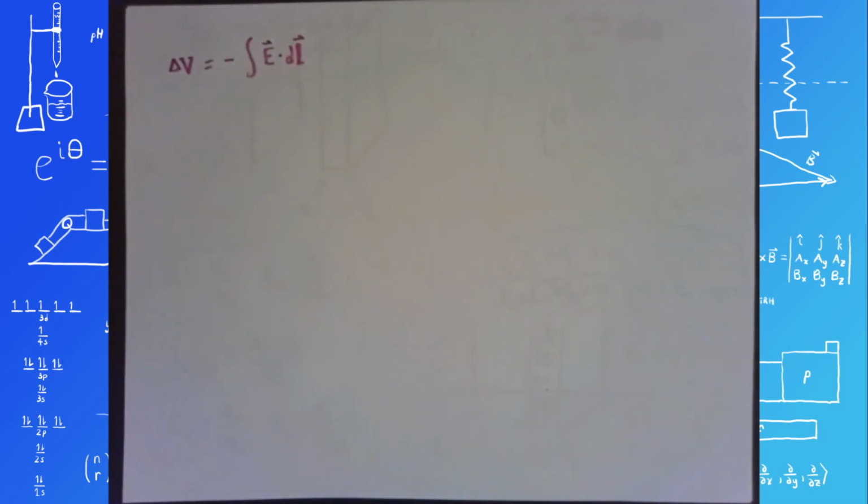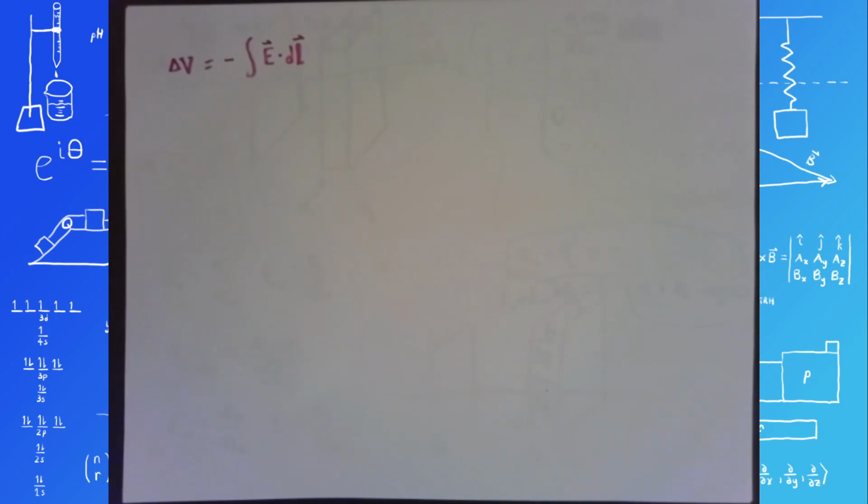Let's go ahead and look at problem 1 in my book, which gives us a concentric spherical insulator and conductor. So it says a solid insulating sphere of radius A is fixed at the origin of a coordinate system as shown. The sphere is uniformly charged with a charge density of rho.